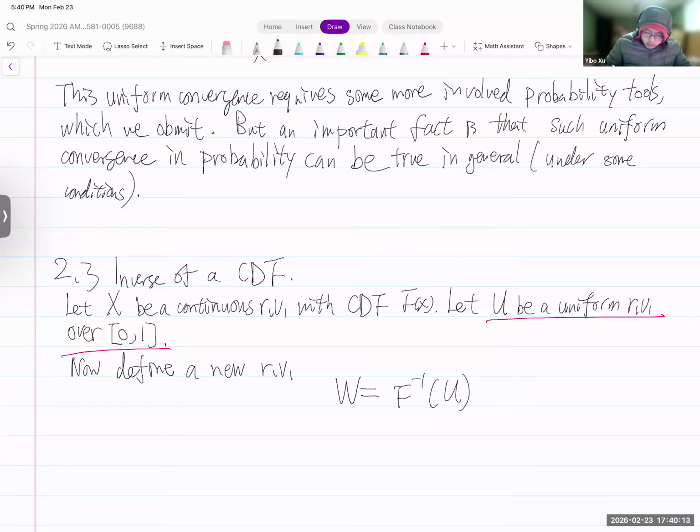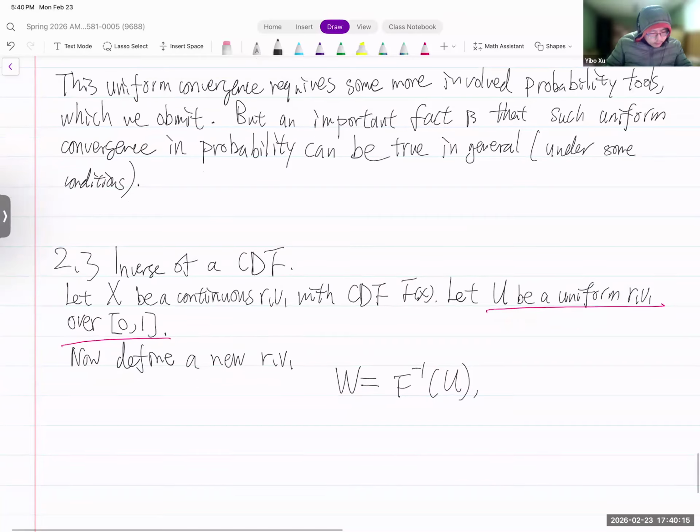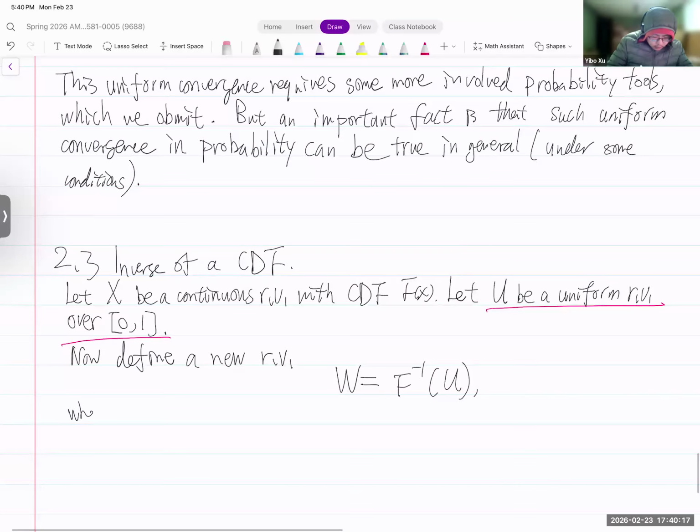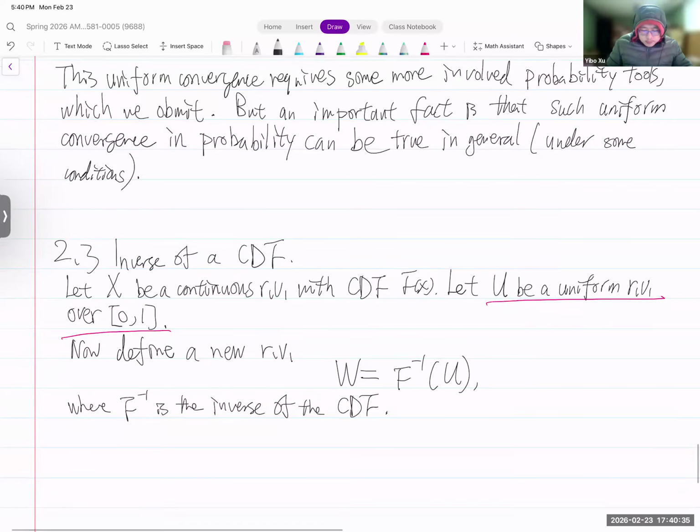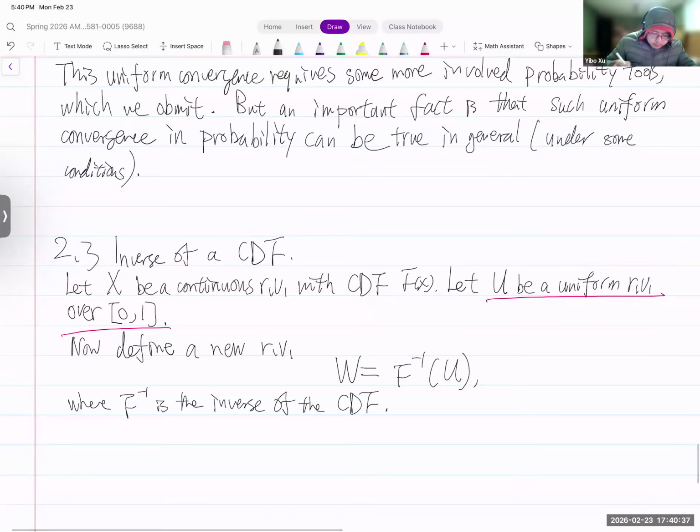So now what's gonna happen here? Of course F inverse is the inverse of the CDF. Now, how do you think W would relate to your random variable X? This is going to be very interesting.